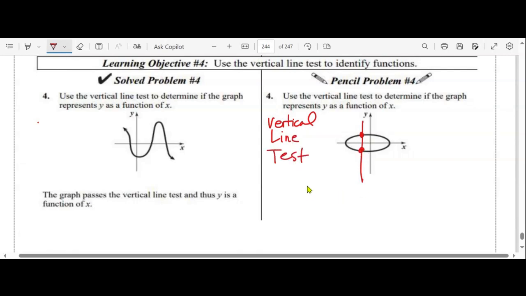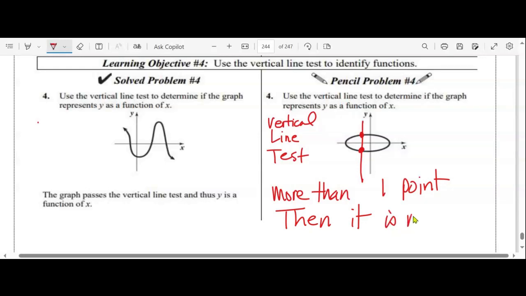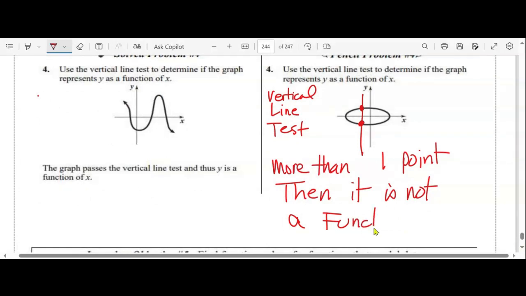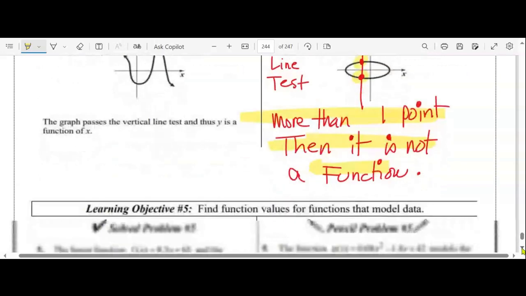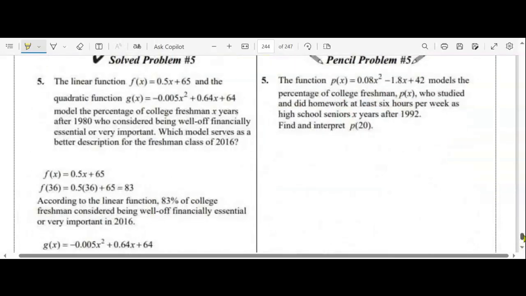If it hits the graph in 2 points or more, so it's more than 1 point, then it is not a function. Is this clear, everybody? Let's go to the next one.